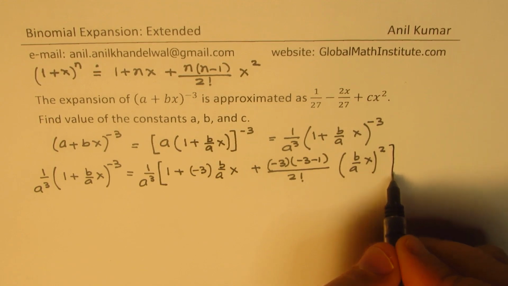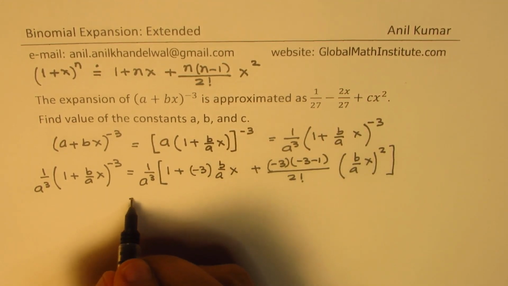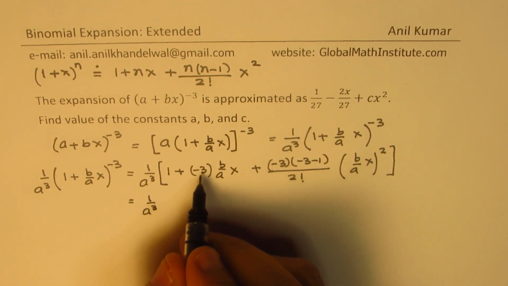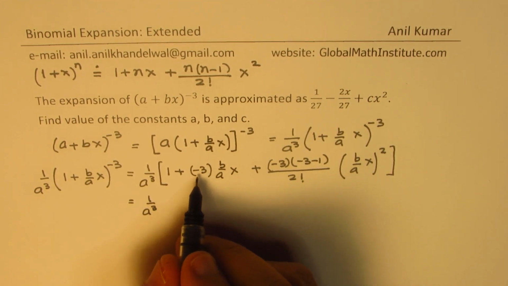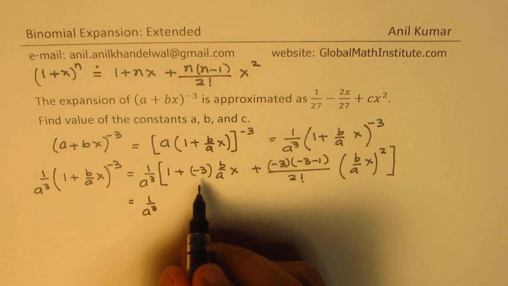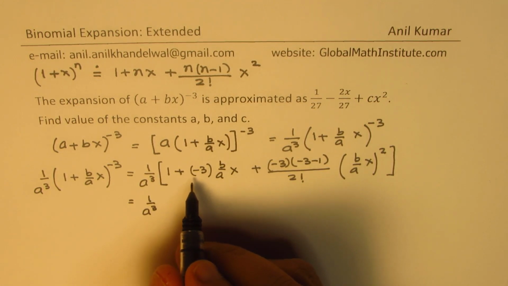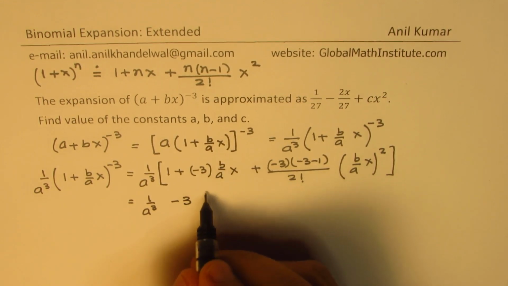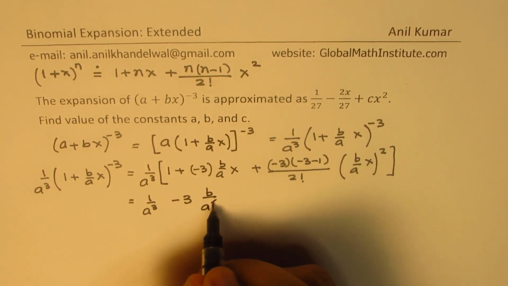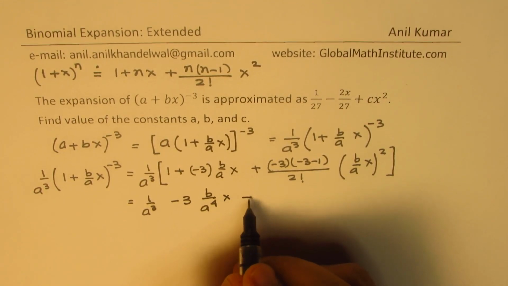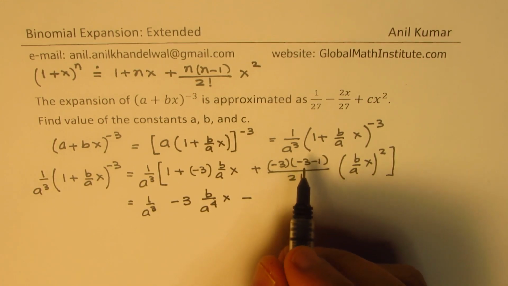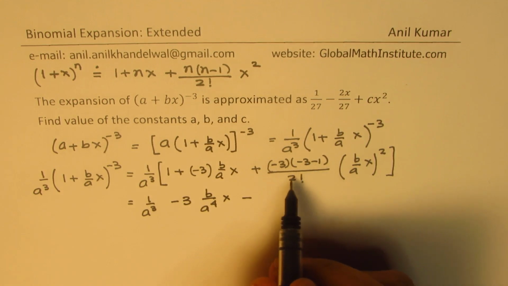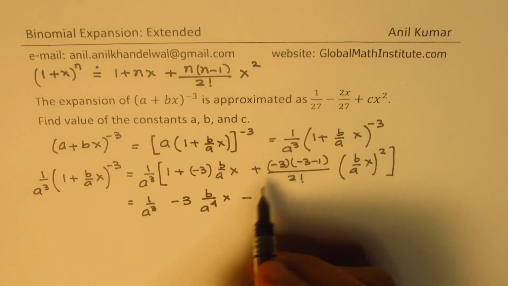Bracket close. So if I open this up, I get 1 over a cube, and here we have minus 3, so it's minus 3b over a to the power of 4, x, and here we have minus 3 times minus 4, and when you cancel, that becomes plus.